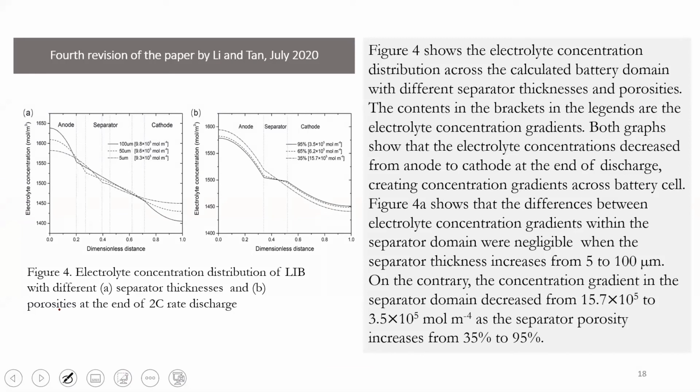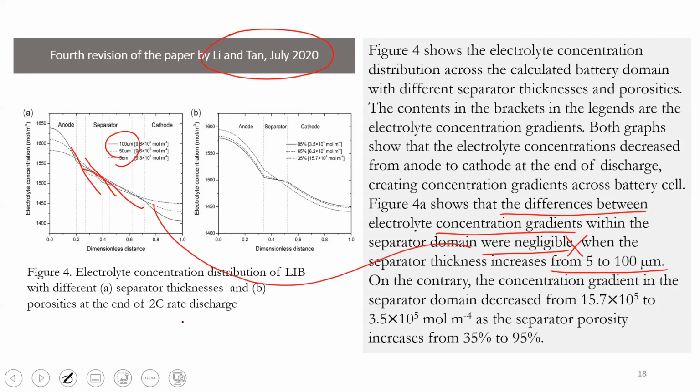For example, the figure shows that the difference in concentration gradient was negligible. When I look at this paragraph, I see the difference in gradient, which means "negligible" is wrong. From here to here, you have lost in translation.